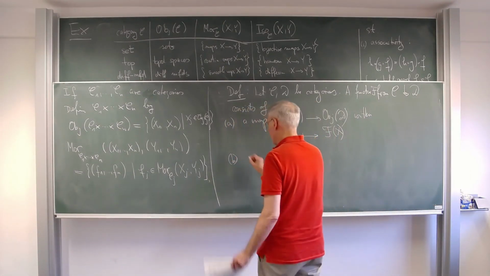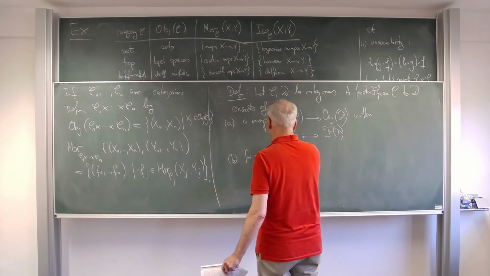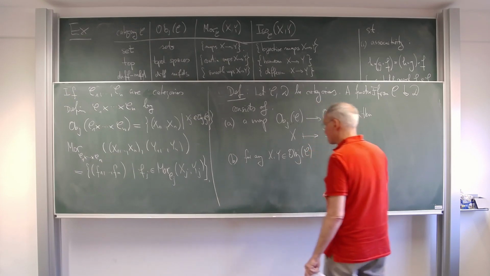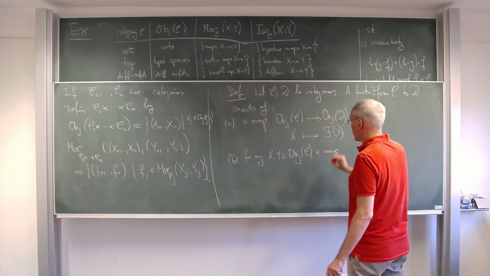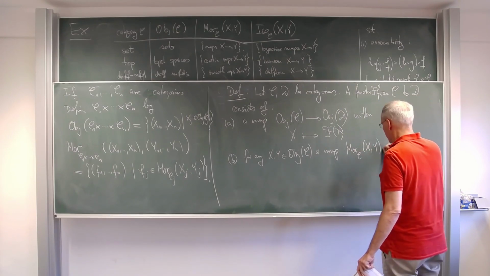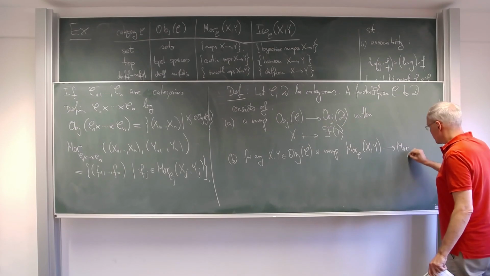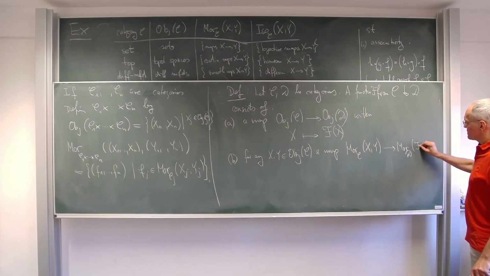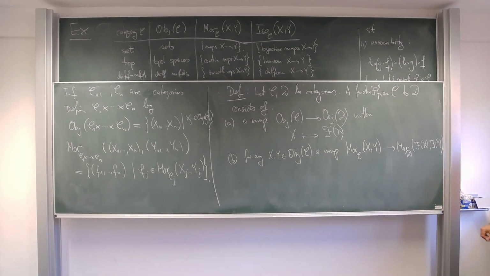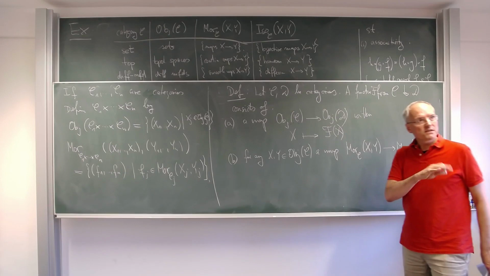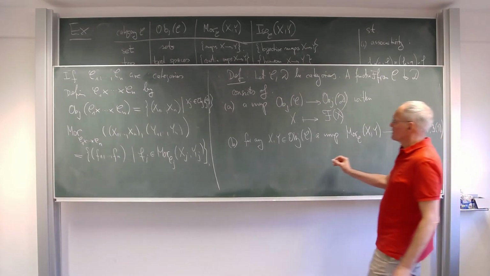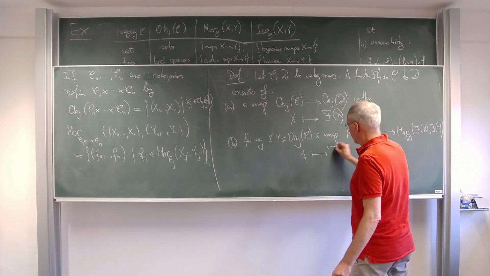So for any two objects x, y in my first category, I have a map from the set of morphisms in C between x and y to the set of morphisms in the target category between the corresponding target objects. So I map objects and I also map morphisms. And this was written as f being mapped to curly F of f.